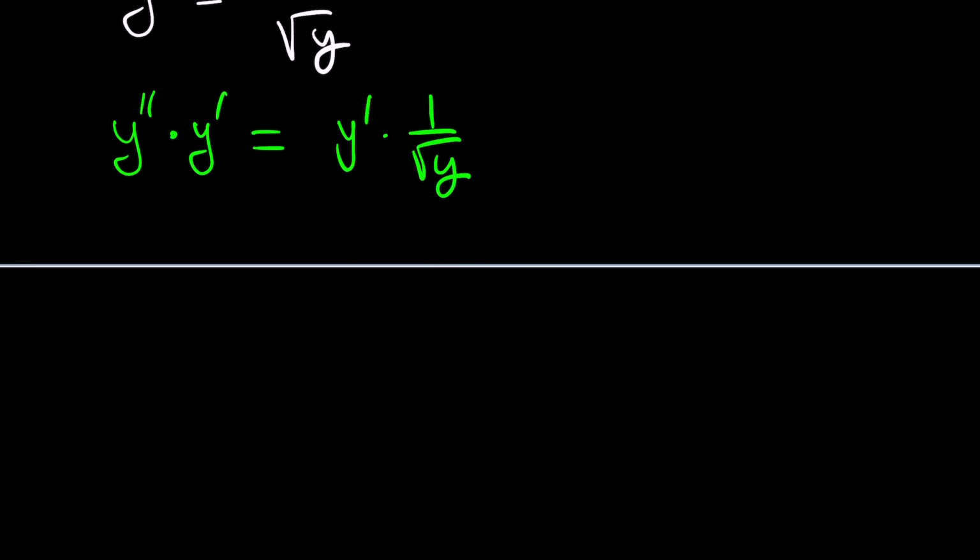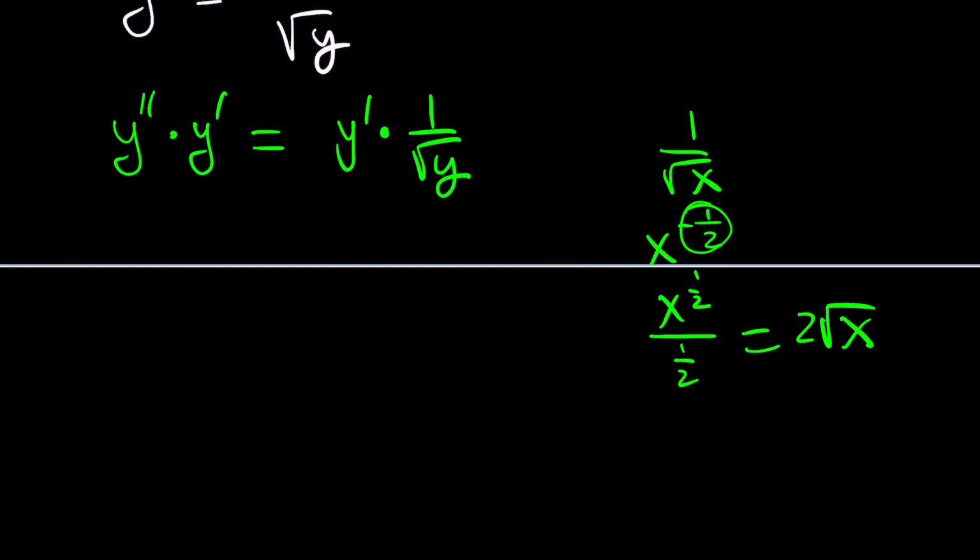Now, first of all, think about the right-hand side. What is this the derivative of? Well, if you just had 1 over square root of x, hopefully you can turn it into x to the power negative 1/2, and then you just need to integrate it. So we add 1 to the power. It's going to be x to the power 1/2 divided by 1/2, which would mean 2 times the square root of x. So if you integrate this, you get 2 times the square root of x.